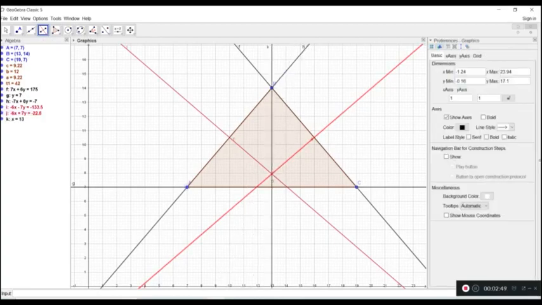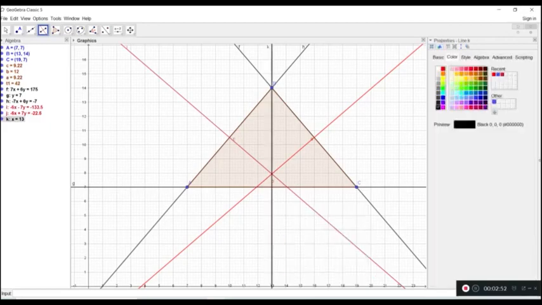So let us make it red. These red colored lines are the perpendicular bisectors of all the three sides. They meet at a point. Let this point be D. So D is our circumcenter.